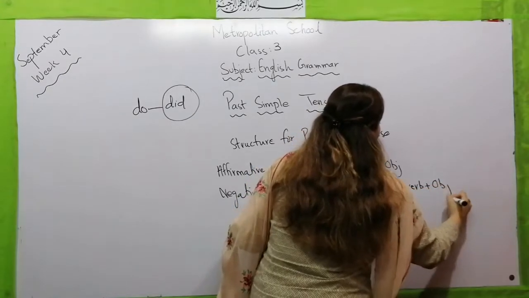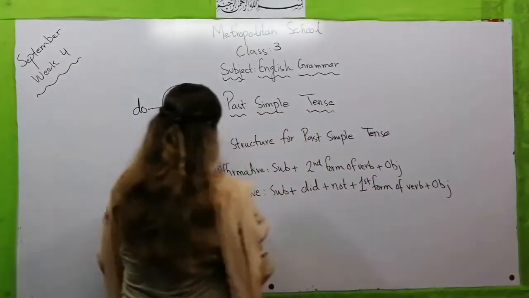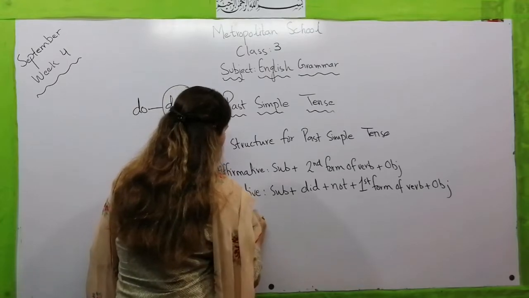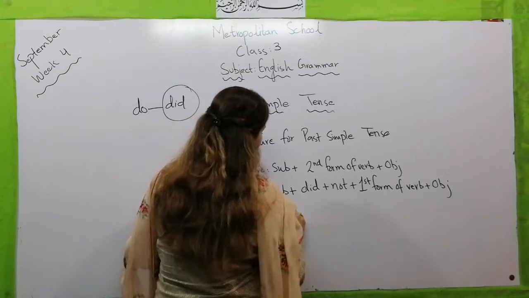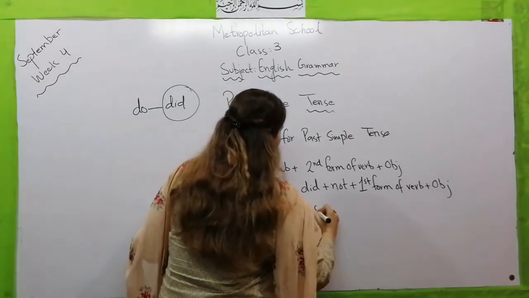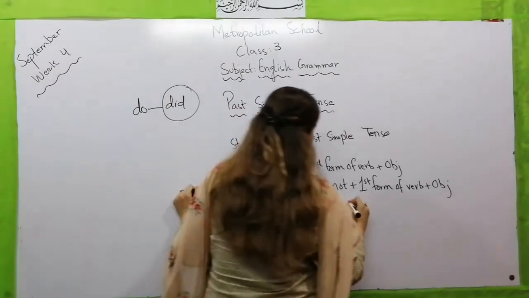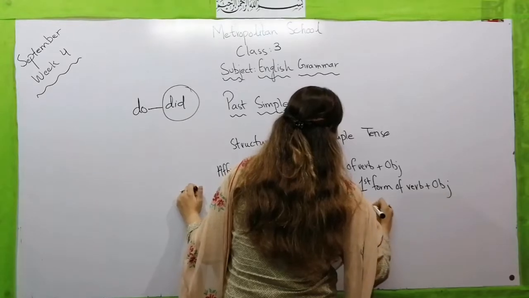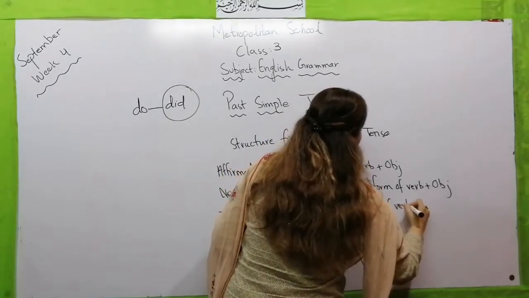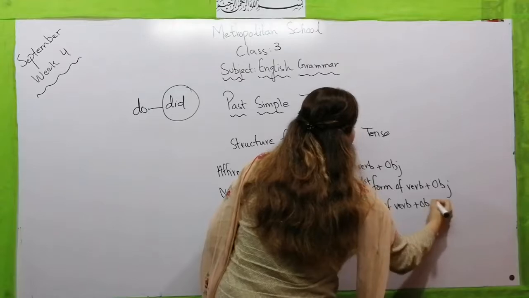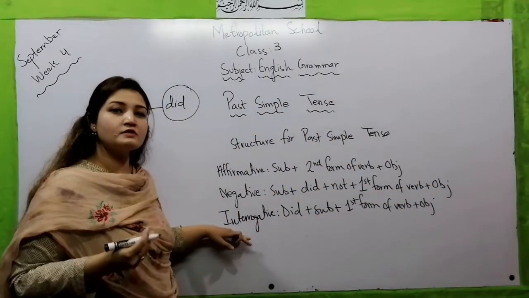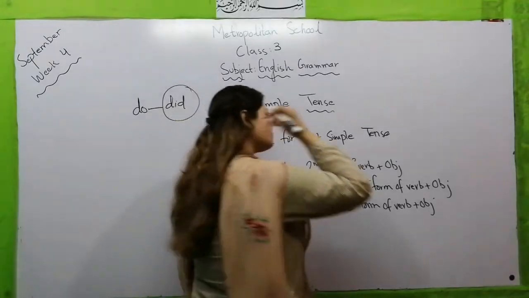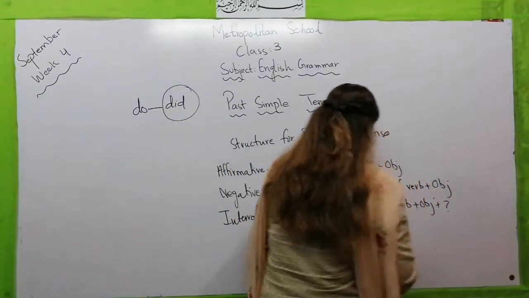and then the object. Now for the interrogative, what are we going to write? At first we will have to write did, then subject, then again the first form of verb, then the object, and then with interrogative sentences, they are basically question sentences, we are going to add a question mark at the end.